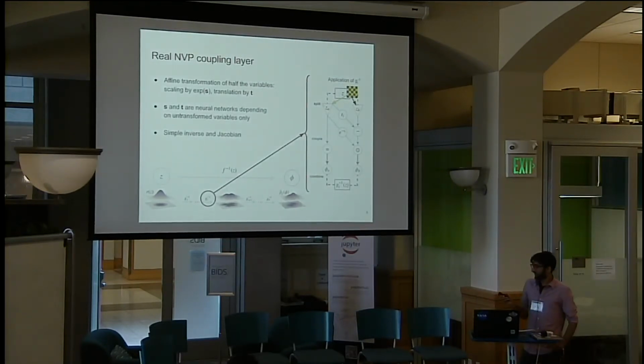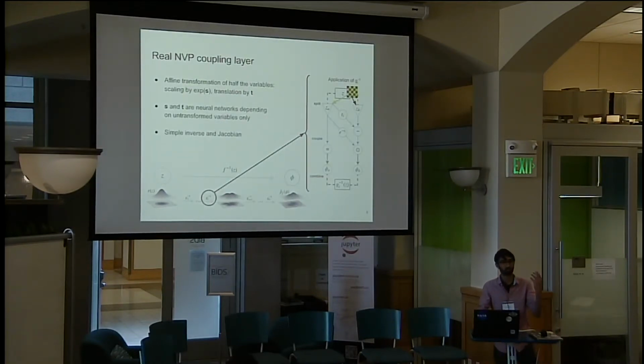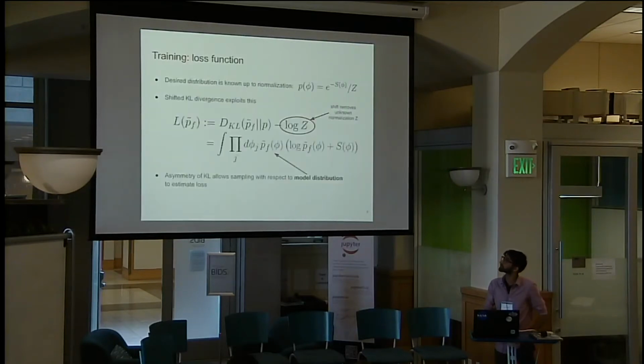And if we now go to train, what we have to do is backpropagate through these sorts of networks, through all of our layers, and update the parameters to come up with a distribution at the end of the day that hopefully looks very close to this distribution of interest.